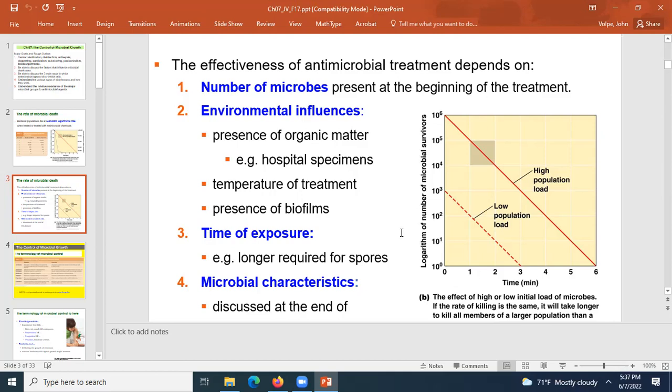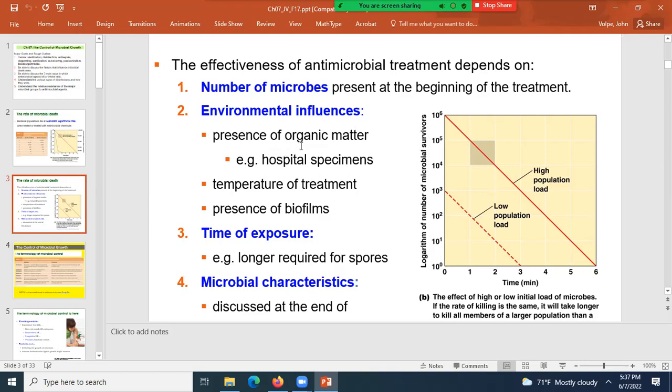Hospital specimens, you should note, usually come with organic matter. Like if a patient throws up, they'll have organic matter in their upchuck. If they have diarrhea, they'll have organic matter in their what do you want to call that?